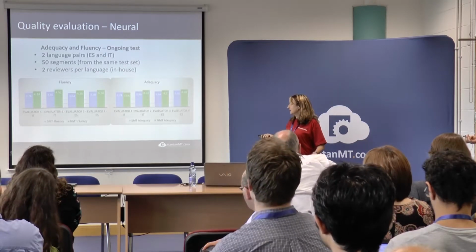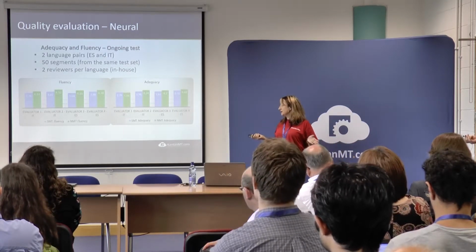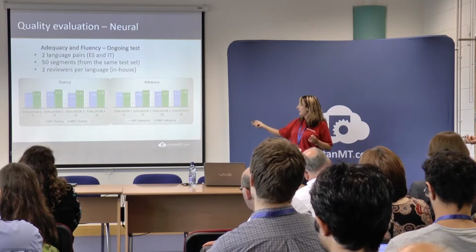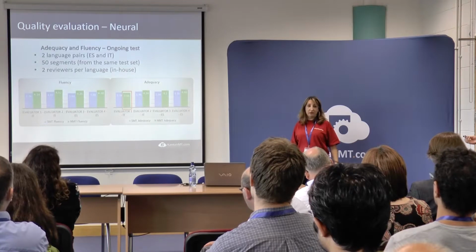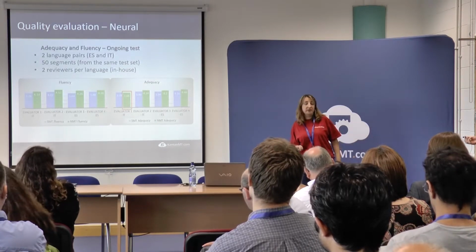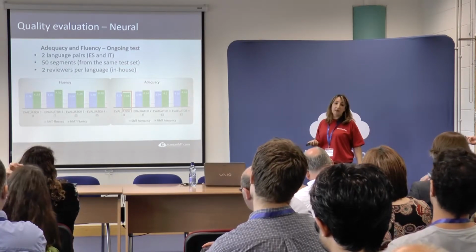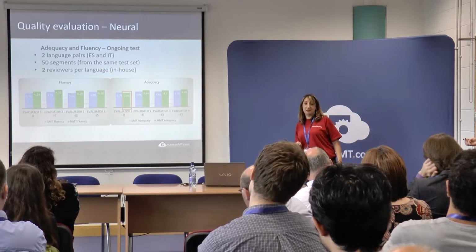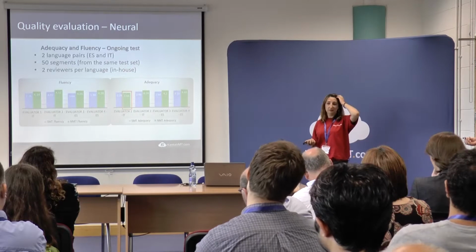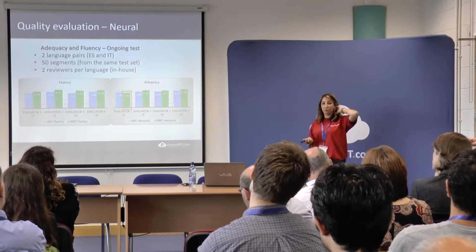And I suppose the great insight here, to me at least, is that 3 out of 4 evaluators thought that NMT was more adequate as well. Not only fluent. And that for me is a great insight because we know that NMT is good, but how good?